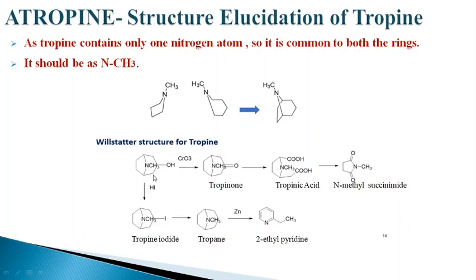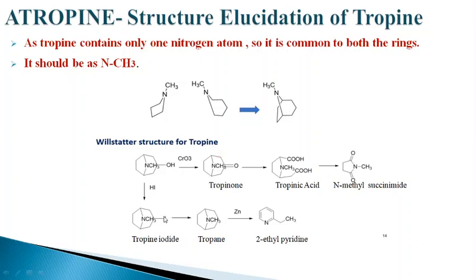Another set of reactions, as we can see: when tropine is treated with HI, nucleophilic substitution of OH takes place, converting it into tropine iodide, which on reduction forms tropane.